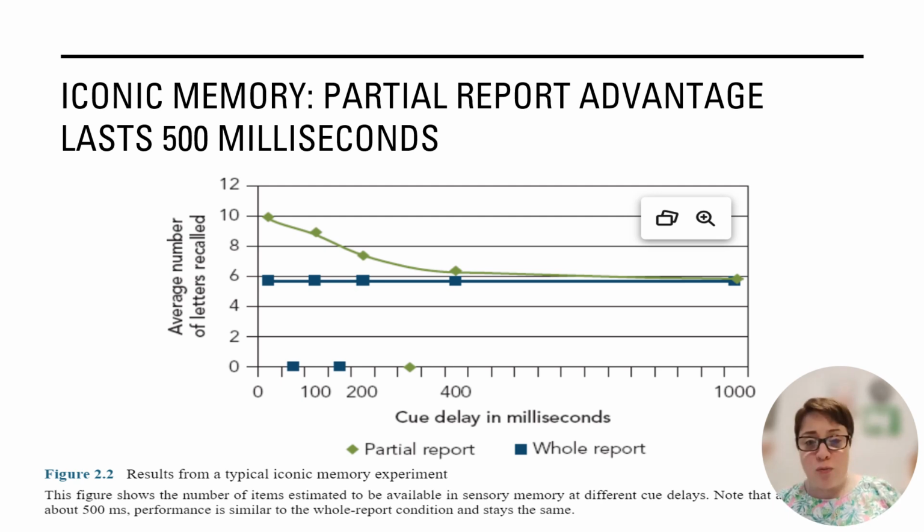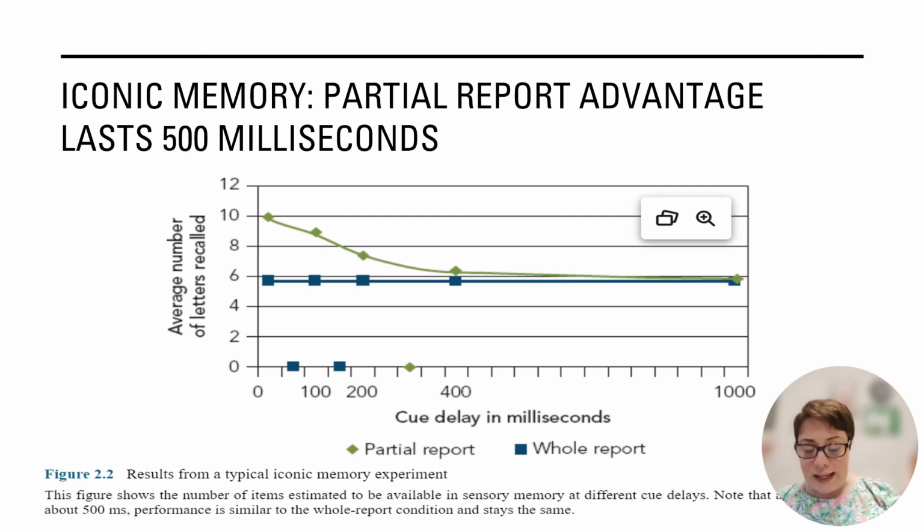Right? So Sperling inferred that iconic memory or visual sensory memory has an unlimited capacity, but a duration of about 500 milliseconds. Right? So essentially what that means is your visual sensory memory, the register that holds on to that information, has an unlimited capacity.